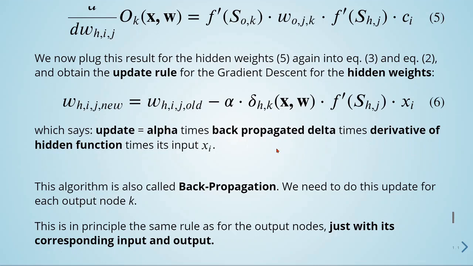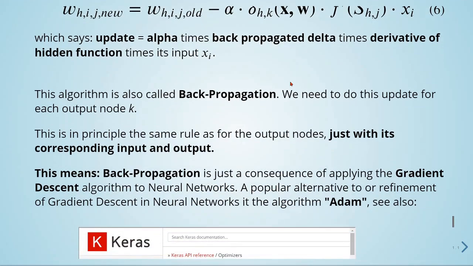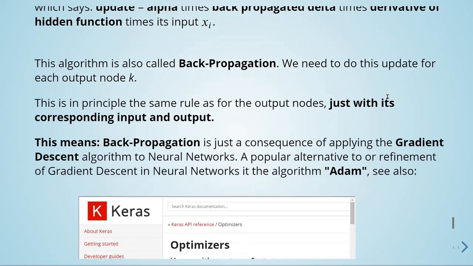This algorithm is also called backpropagation, and we need to do this update for each output node k. This is in principle the same rule as for the output nodes, just with its corresponding input and output. This means that backpropagation is just a consequence of applying the gradient descent algorithm to neural networks.